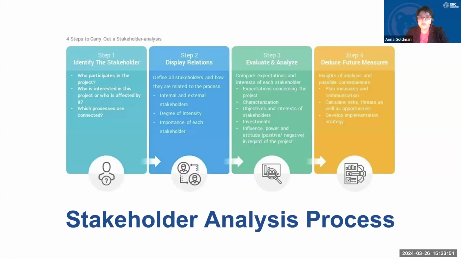So, identifying who they are, what the relationship is between you, your PMHC, and a stakeholder, and then we would evaluate and analyze what the interests and objectives are for each of them. Basically, what's in it for me, or what's in it for us from this relationship, and then deduce or decide the future measures. What are the things we can help each other with? So that's kind of in a nutshell.